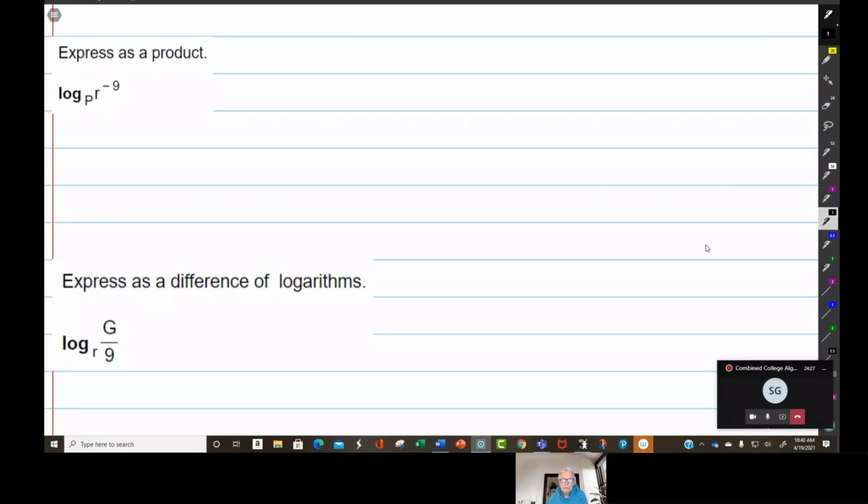Okay, now, before we talk about the next rule of logarithms, let's talk about the matching rule of exponents. The power rule of exponents.